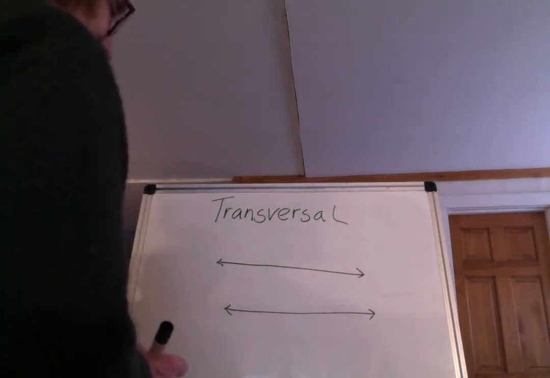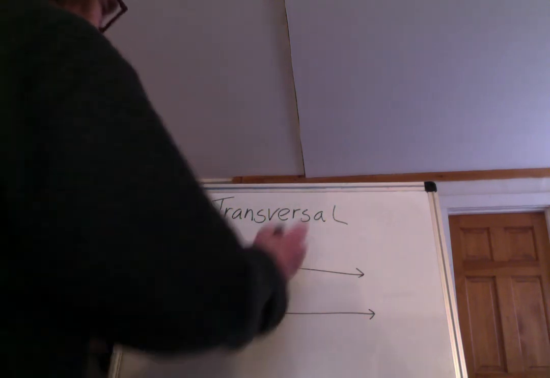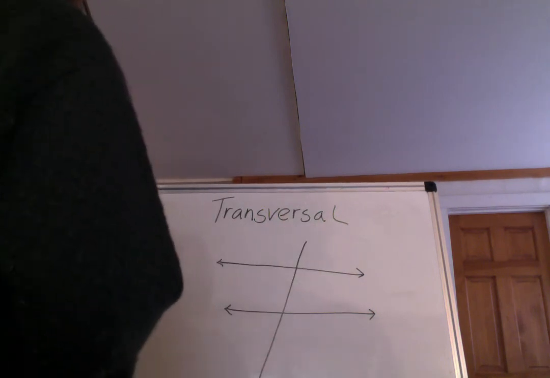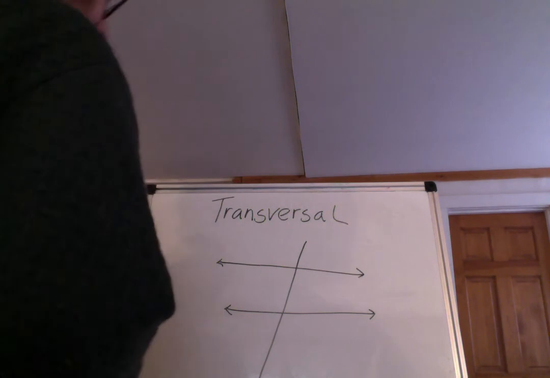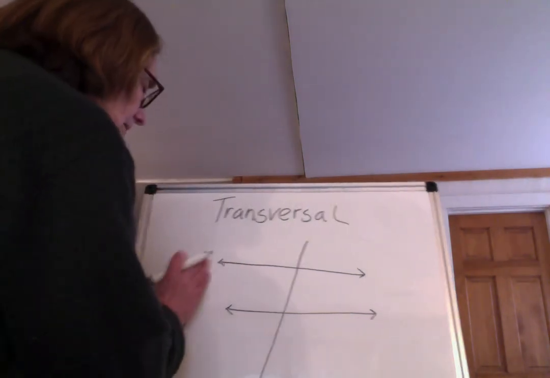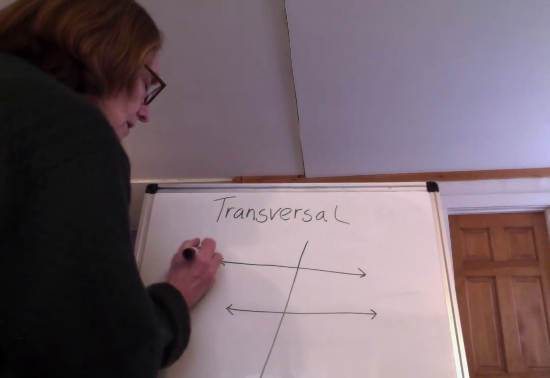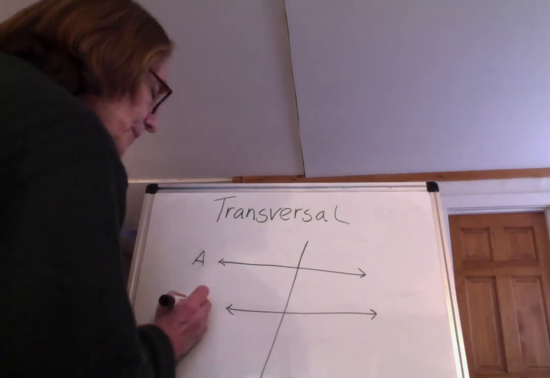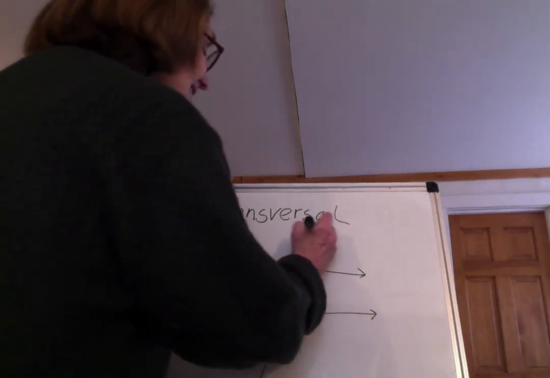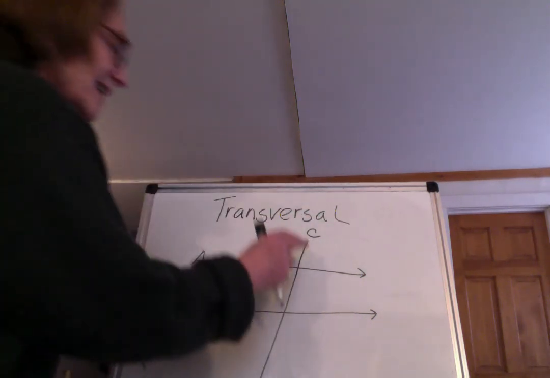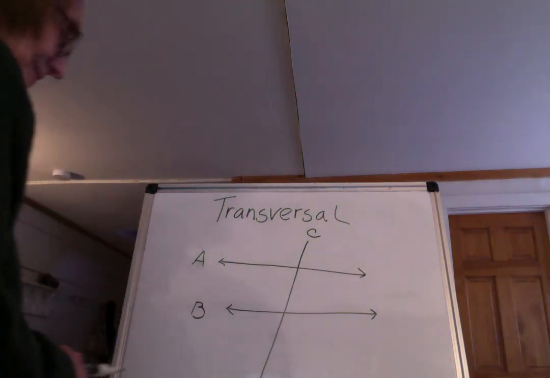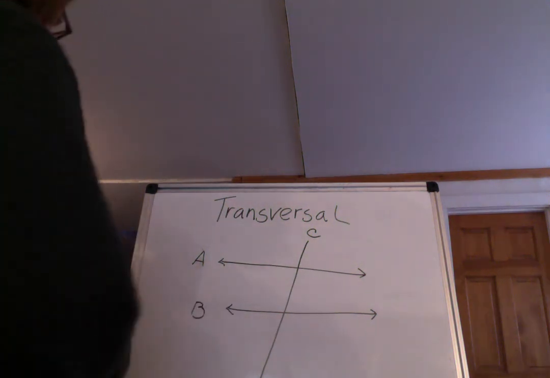Parallel lines. If they're cut by a transversal, that way we can prove that this line, not A is not a transversal, B is not a transversal, but C is a transversal because it cut two different lines at two different points. That is a transversal.